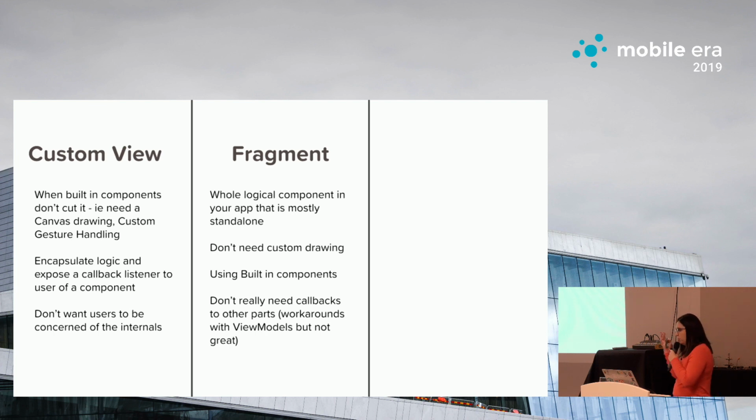One of the most important thoughts when I think of when to use a fragment is when I don't really need other callbacks to other parts of the UI. So if I have a fragment, it's not going to be saying, okay, this interaction finished, this interaction started. I use a custom view for that because that will be embedded inside a layout that'll use it. So the fragment is the whole logical component that I use.